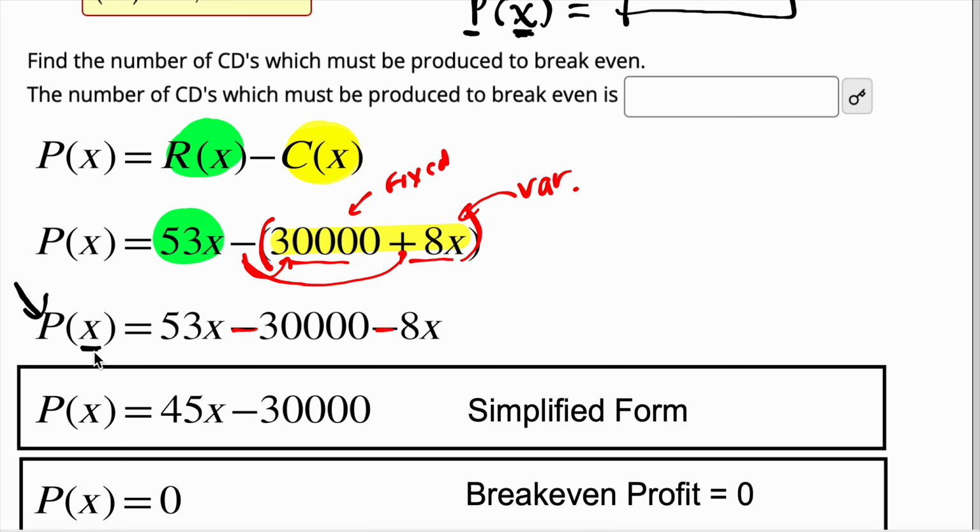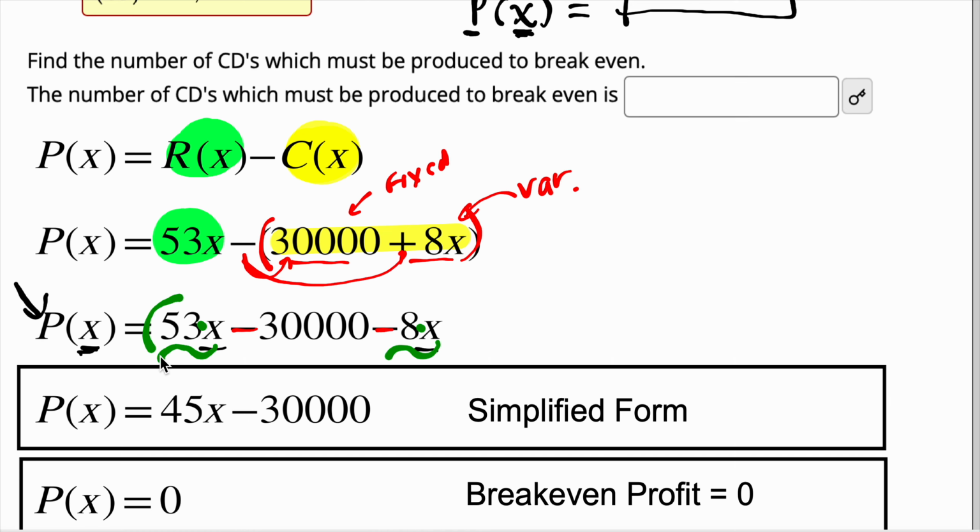I input the quantity of CDs that I'm producing and selling, and notice that I'm going to have that same variable over here on the other side of the equal sign. So I want to write this in simplified form. I see a number times x and a number times x, so these are like terms, so I can combine those terms.